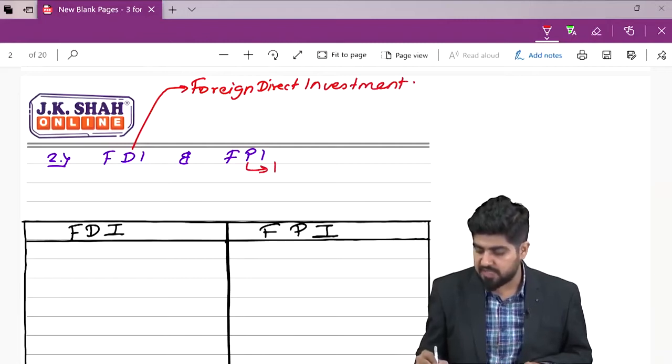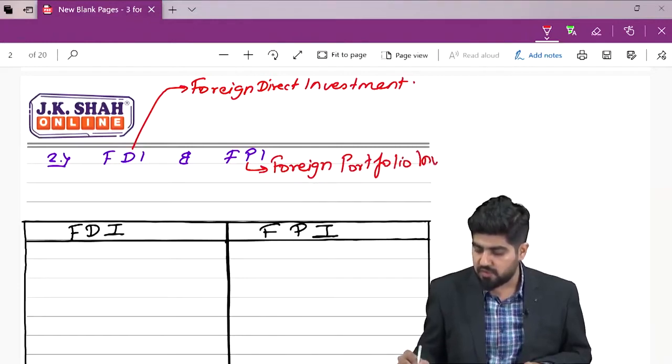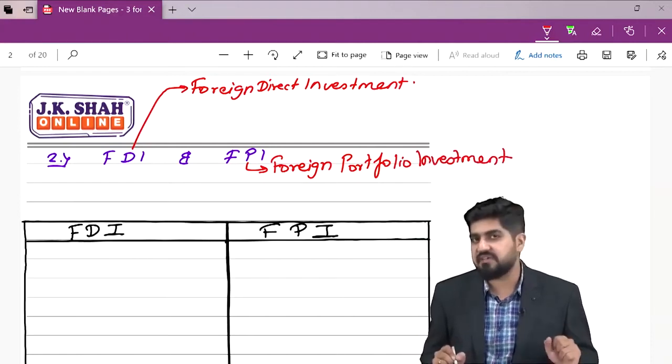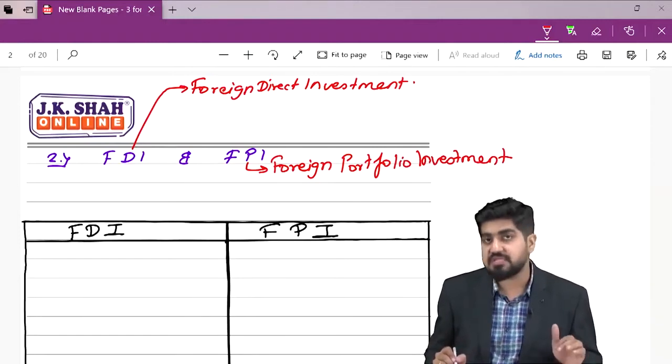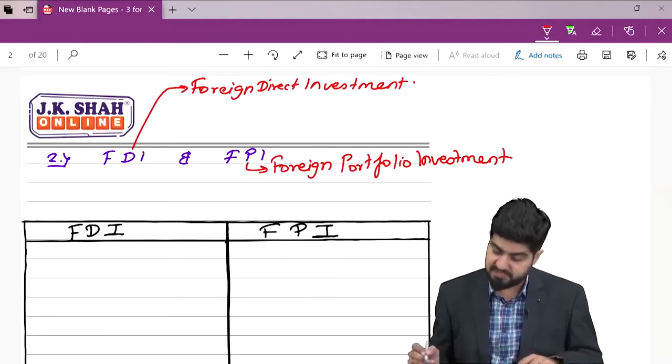And FPI stands for foreign portfolio investment. Now, when would you call an investment as FDI and some investment as FPI? Get a very clear understanding here of FDI as well as FPI, friends.